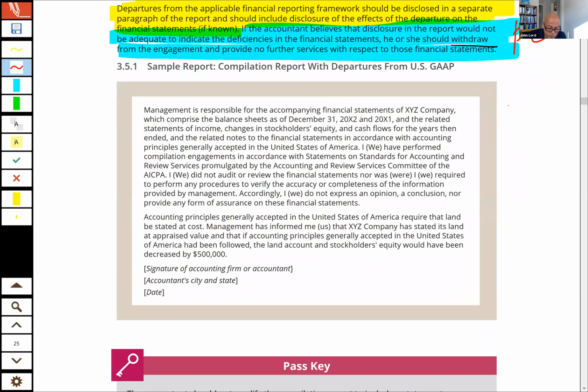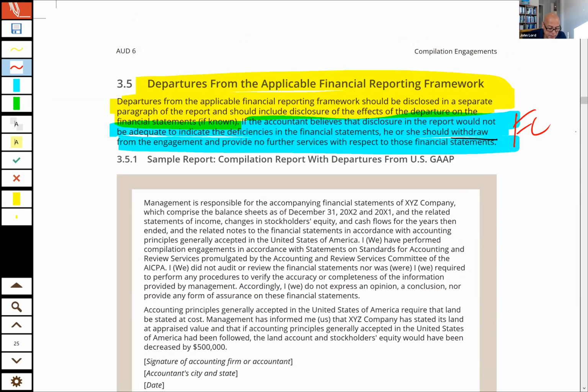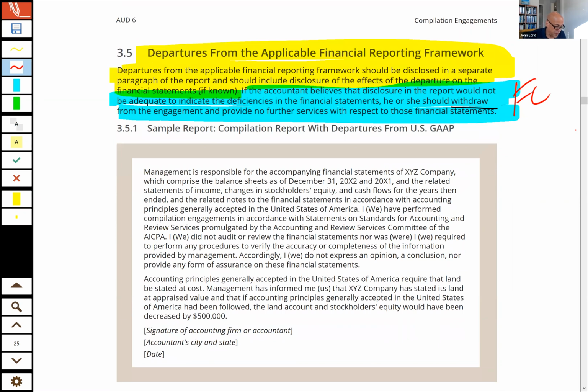Okay. By the way, we don't call this a modified report. Put in there, note. This is not called a modified report.